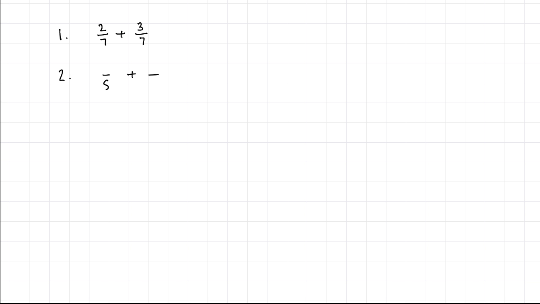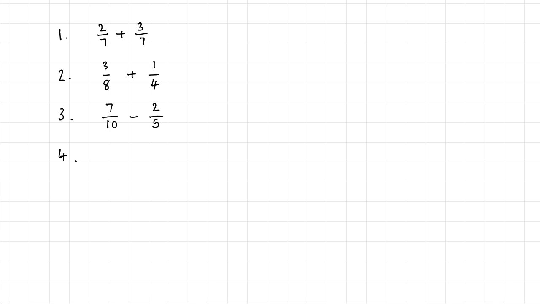We'll do 3/8 add, let's have 1/4. Let's do a subtraction here. Let's do some tenths, subtract that by some fifths. So let's have 7/10, take away, let's have 2/5 here.